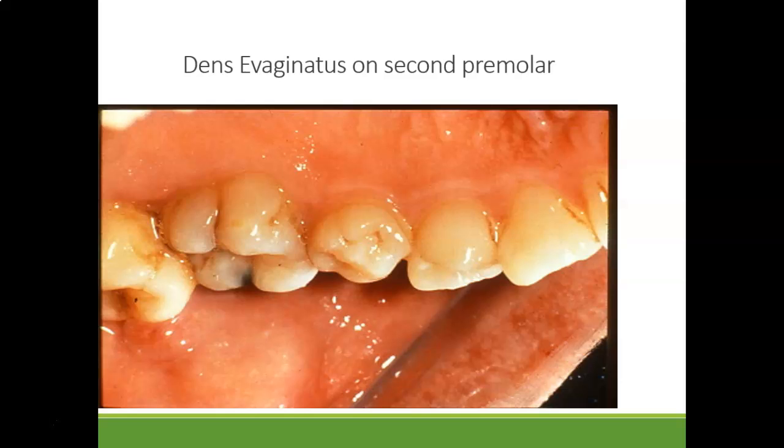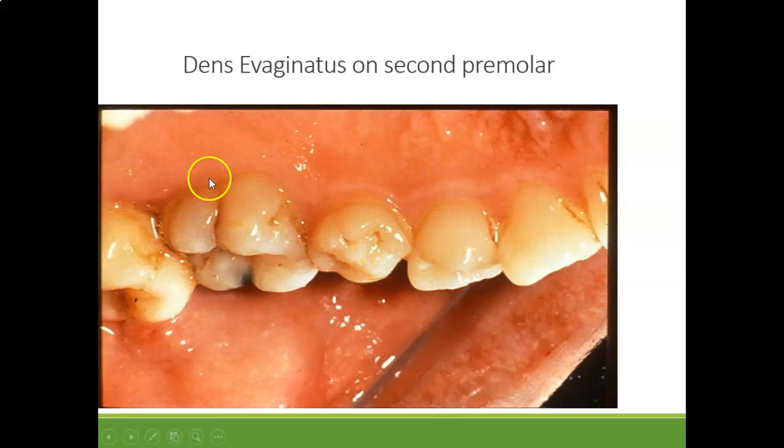But this is where everything is pooched out, and it's made almost a central cusp in the center of the premolar, because the enamel has built itself up and out. It's an outfolding of the enamel organ on the occlusal surface.